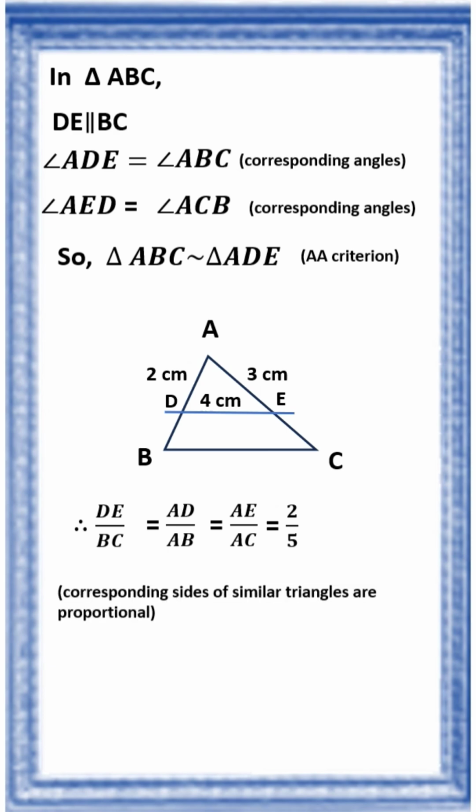Corresponding sides of similar triangles are proportional. Now we can find BC, AB, AC. How? DE by BC, you know it is 2 by 5. DE is 4 centimeter. 4 by BC is equal to 2 by 5. Here 2 2s are 4. 2 into 5, that is 10 centimeter. So BC is equal to 10 centimeter.